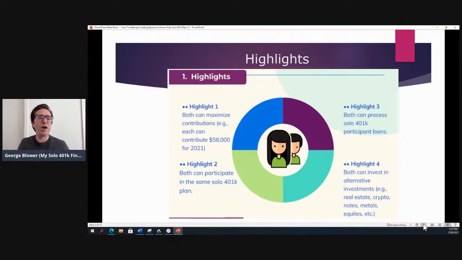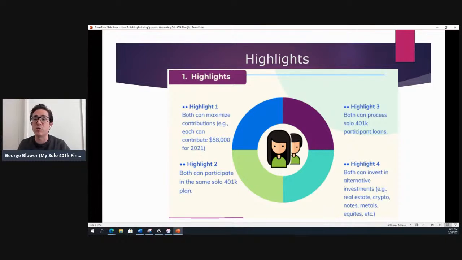So both spouses can maximize contributions to the plan based on each spouse's own self-employment income. For example, if you have a self-employed business that's taxed as an S corporation, one spouse can contribute based off of their W-2 wages, and the other spouse can contribute based off of that spouse's W-2 wages.